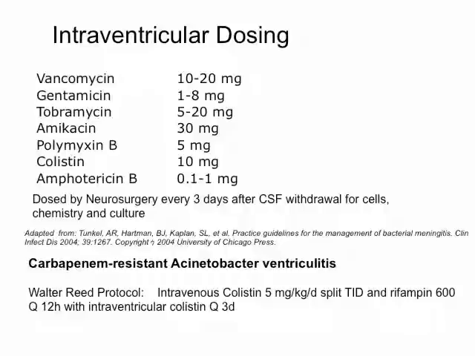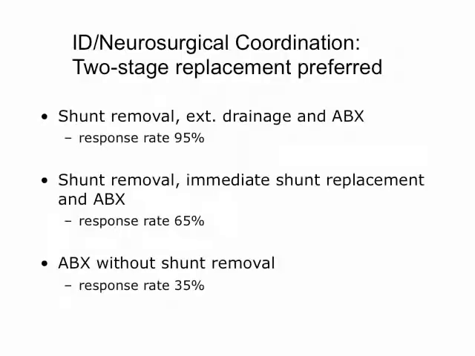And finally, the Walter Reed protocol for Acinetobacter ventriculitis, which they seem to have had a lot of experience with, is you can use intravenous colistin, rifampin, and then you use intraventricular colistin at the same time every 3 days. Again, you coordinate with your neurosurgeon.